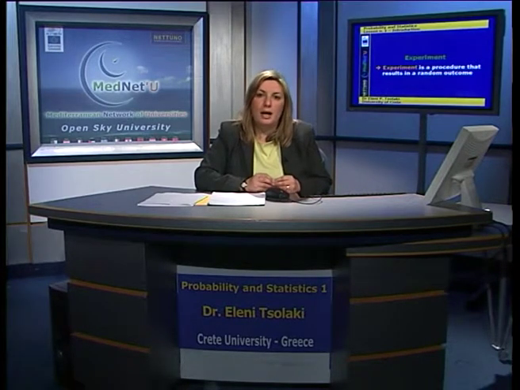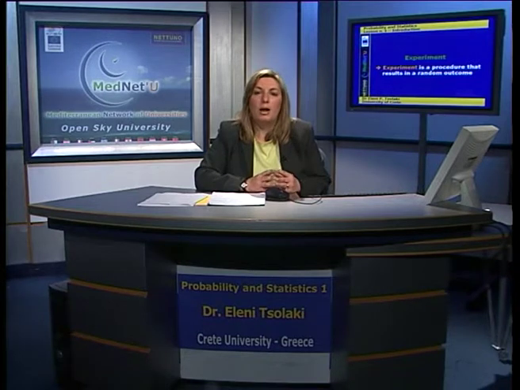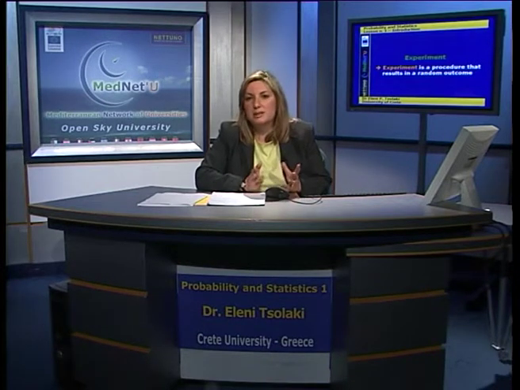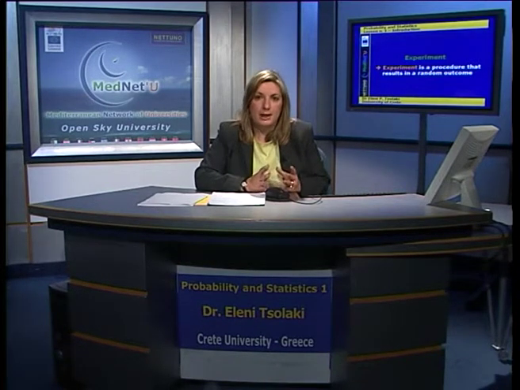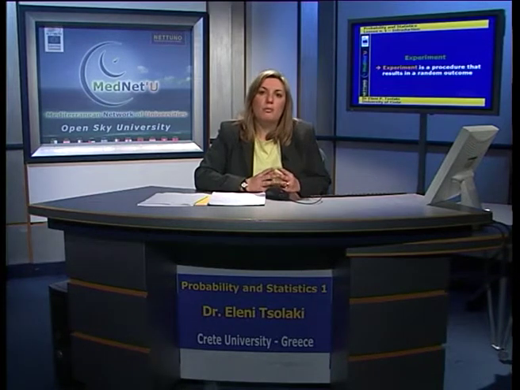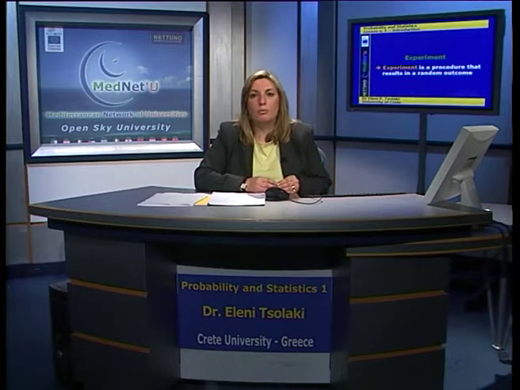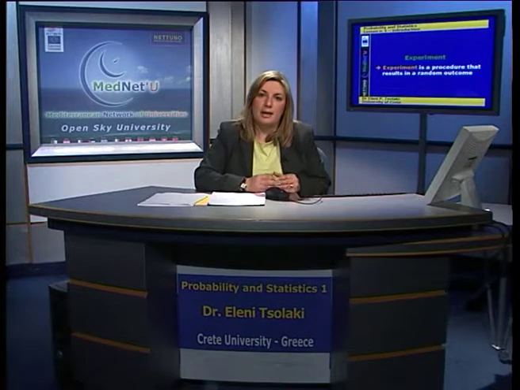When we draw a card, we would like to know what is the probability, for example, of drawing an ace. So that's where probability is going to give us the answer. What is the chance that when I draw a card, that card is an ace?